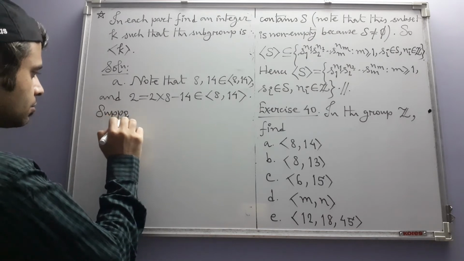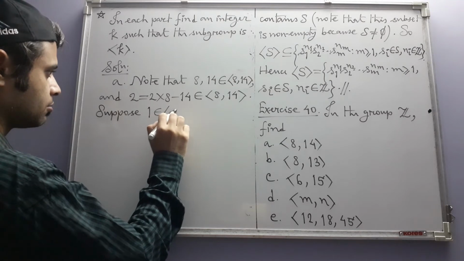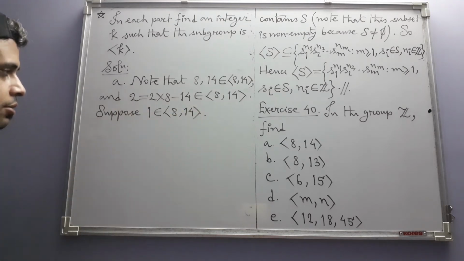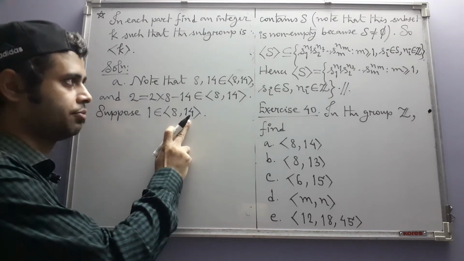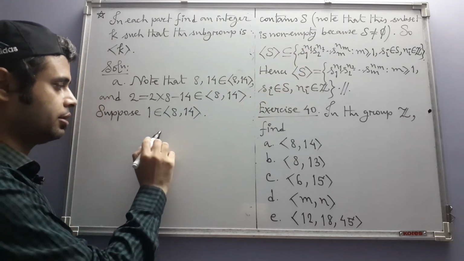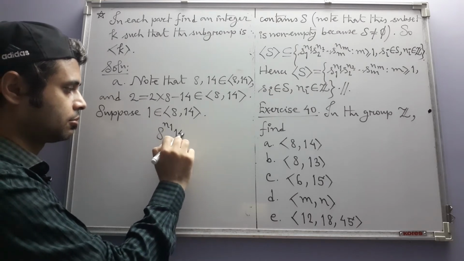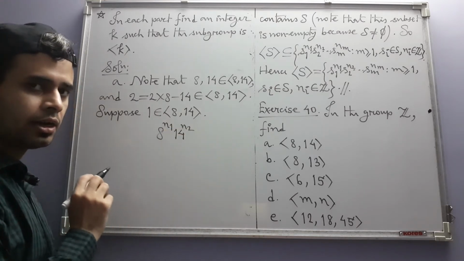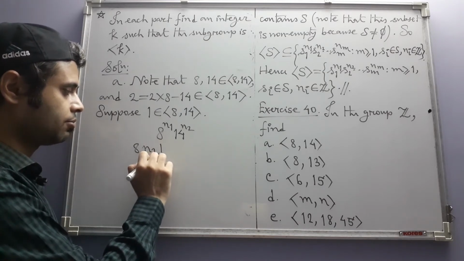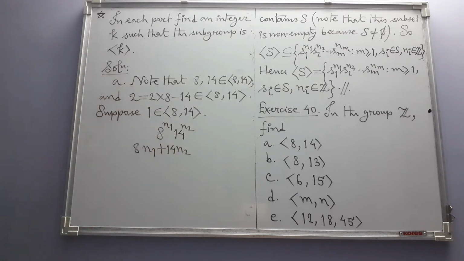Suppose 1 belongs to this. Now a general element in this will look like what? From this exercise we see that a general element looks like this. But since we are in an additive group, this actually is equal to 8n1 plus 14n2. Okay.